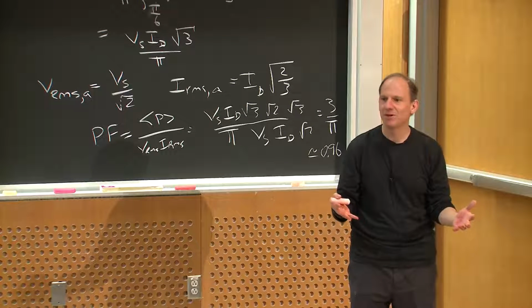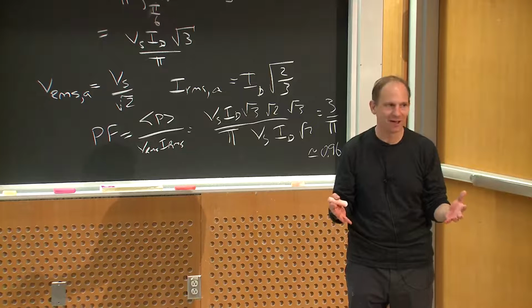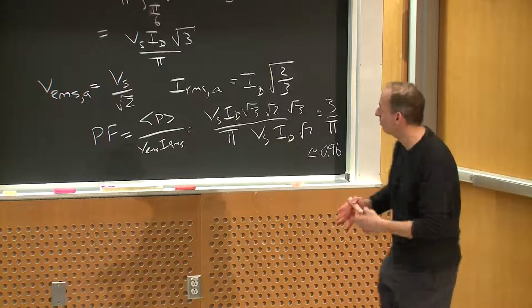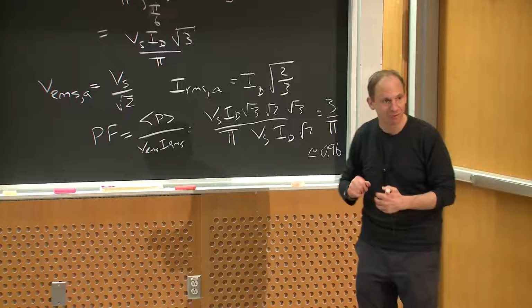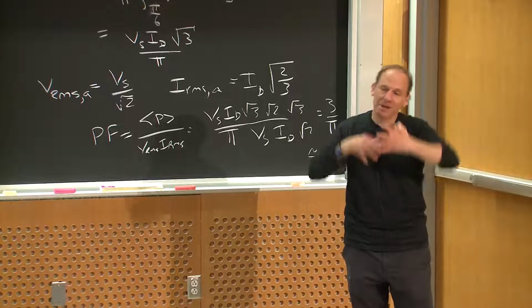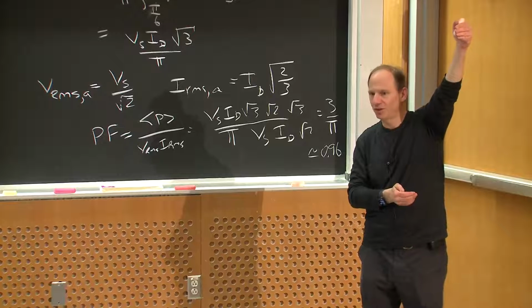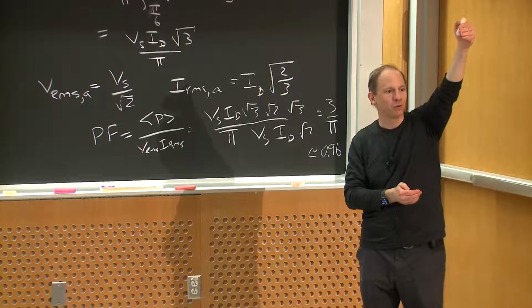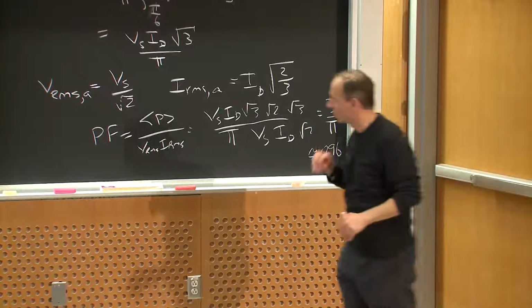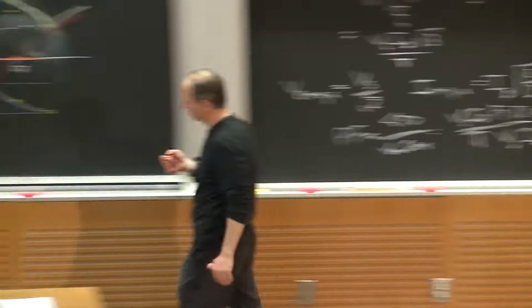Maybe you can't buy individual diodes with tens of thousands of amps. Now you get some help because I have 6 devices to help me process that power, but maybe I would need more. Or maybe what I really want is really high voltage that I can't do with individual diode voltages. So here's the kind of trick you can play.